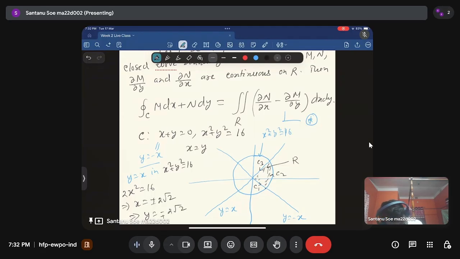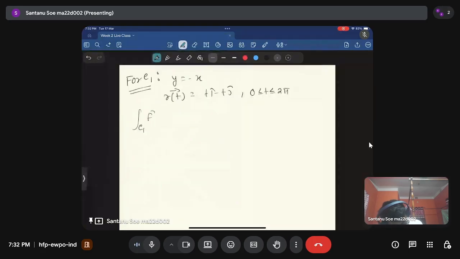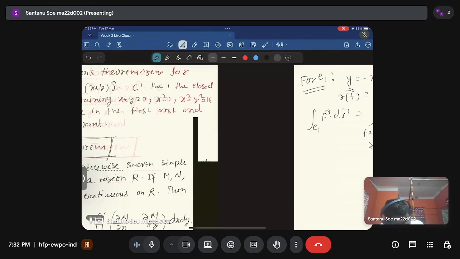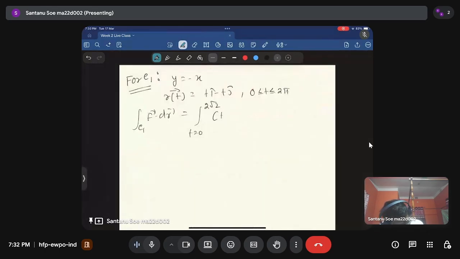So the integration over C1 of F dot dr will be from t equals 0 to 2 root 2, and F was x squared minus y cubed, so this will be t squared plus t cubed, because y equals minus t, i cap, plus x plus y, which is t minus t, j cap, dotted with dt i minus dt j.